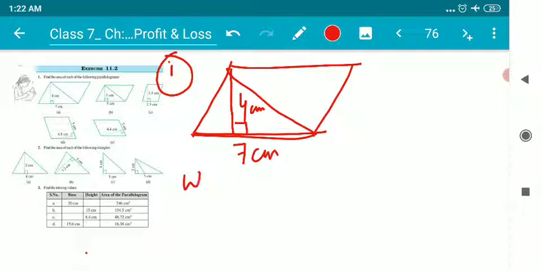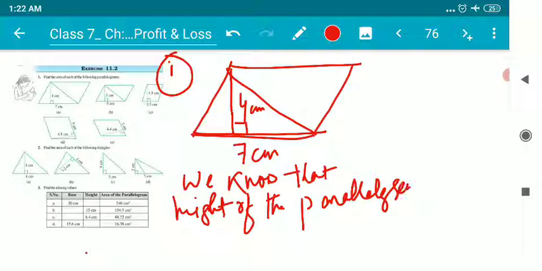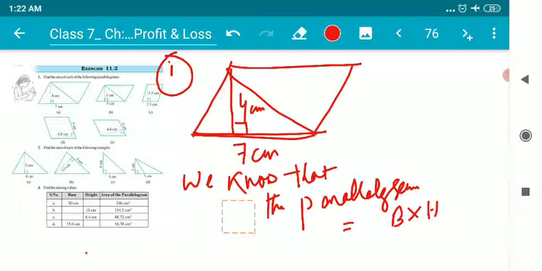We know that the area of the parallelogram is base into height.